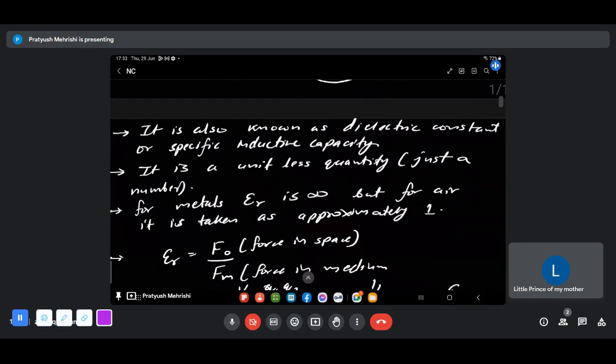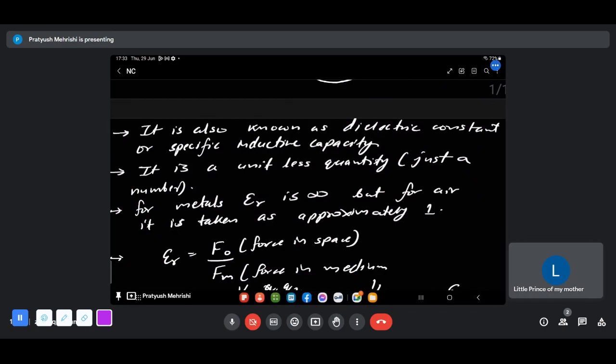Now, this relative permittivity is also known as the dielectric constant, or specific inductive capacity of the material. This is a unitless quantity. It has no unit. It is just a number. Always remember this. I am talking about the dielectric constant or relative permittivity.